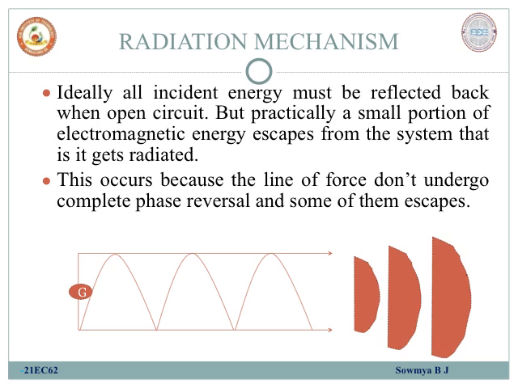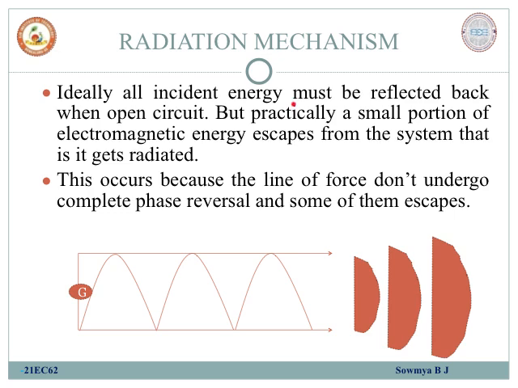Now let us know what the radiation mechanism in antennas is. This is the picture which represents our source with the standing waves, and finally the signals being converted into electromagnetic waves.